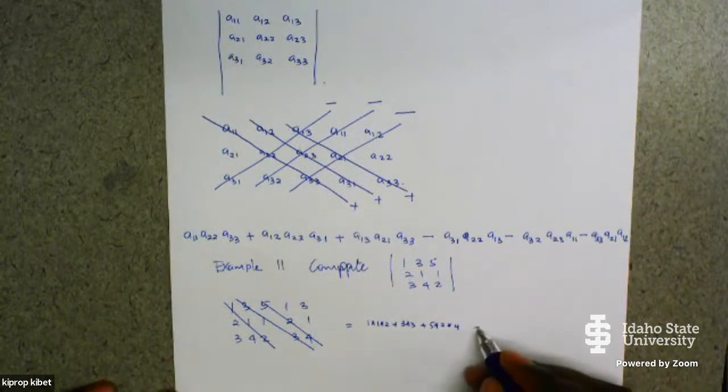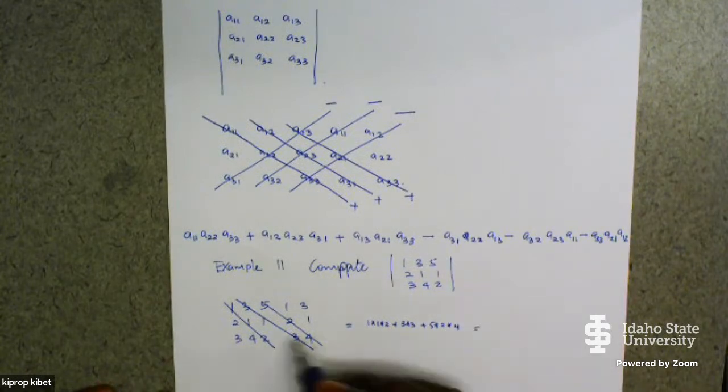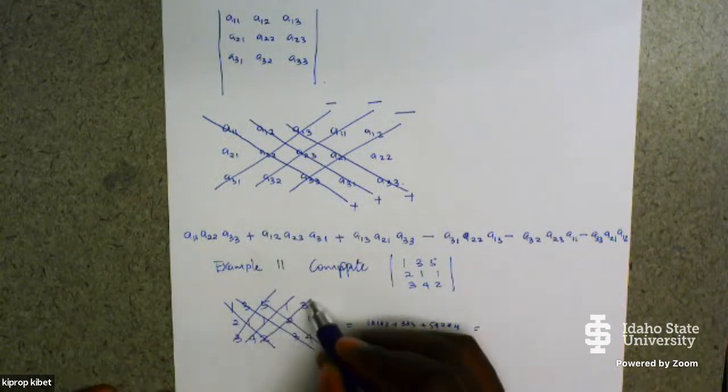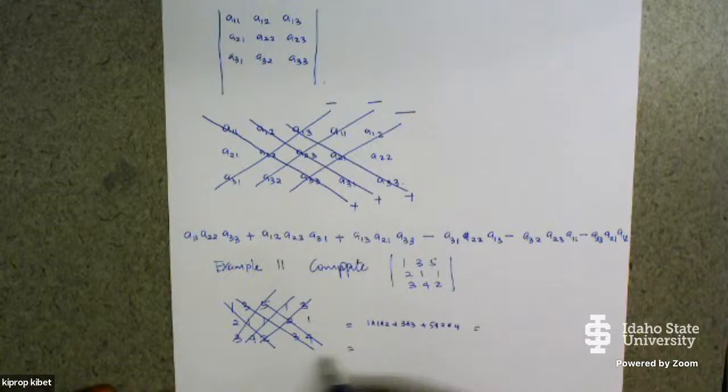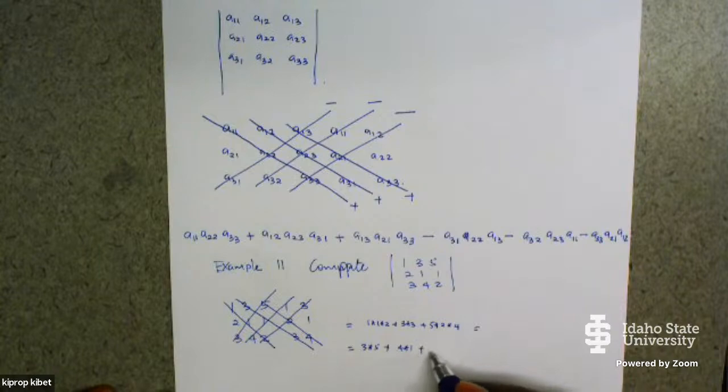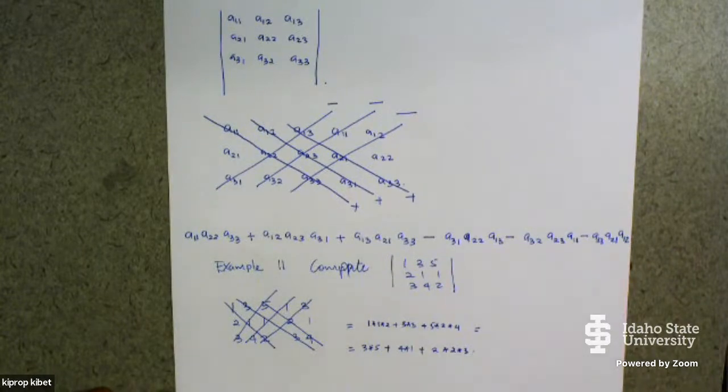Again, you take the other diagonals, which is 3 multiplied by 1 multiplied by 5, plus 4 multiplied by 1 multiplied by 1, plus 2 multiplied by 2 multiplied by 3. And then you subtract them.